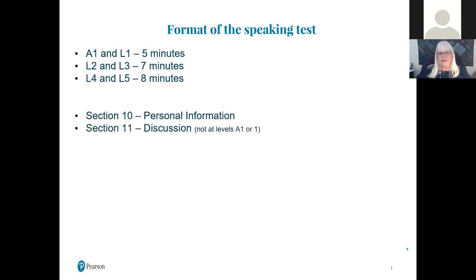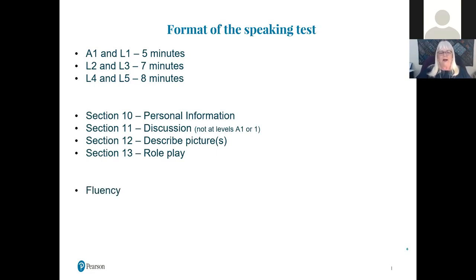So we have the 4 tasks. Section 10, personal information. Section 11, discussion, which doesn't happen at the 2 lower levels. Section 12, which is describe a picture or pictures. And section 13, which is the role play. So those are the 4 tasks. And then we have the 5 qualitative aspects, which are also assessed.